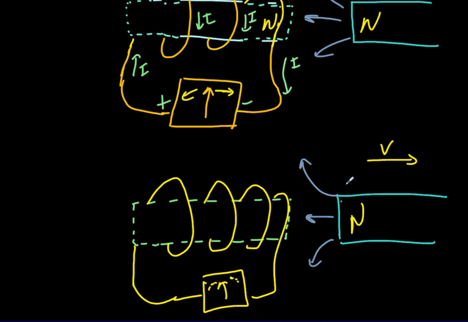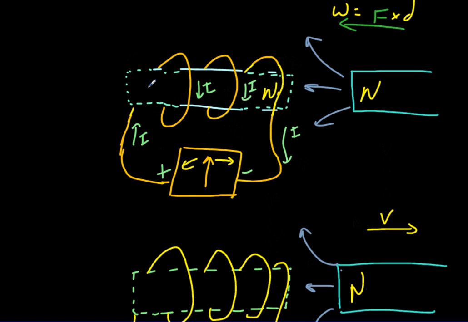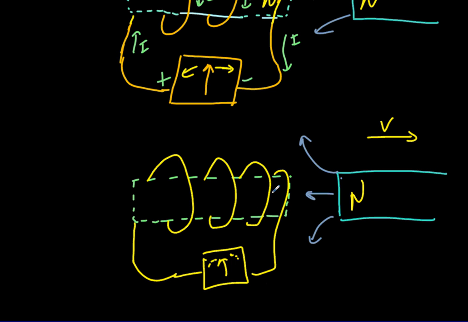So now, before I was pushing this in, and this was setting up such to resist that change, now I'm pulling it away. It also wants to resist the change in flux. So how does this spin current such that it resists the removal of this magnet? Which side must become south inside our solenoid?